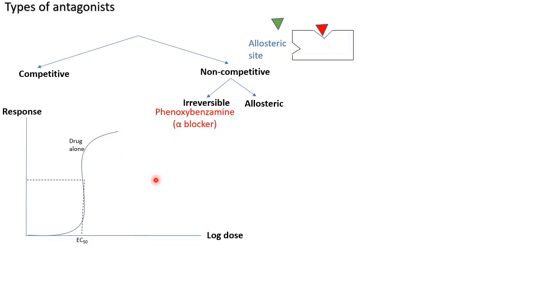What if we give a competitive antagonist to the receptor to which this drug binds? We give a competitive antagonist, so our receptor now is blocked by this competitive antagonist.